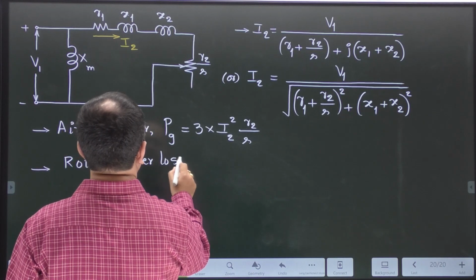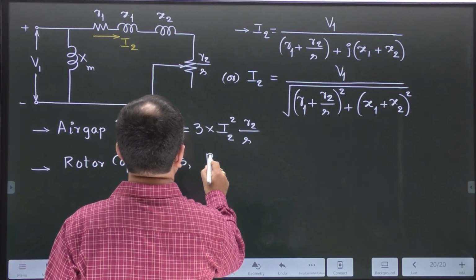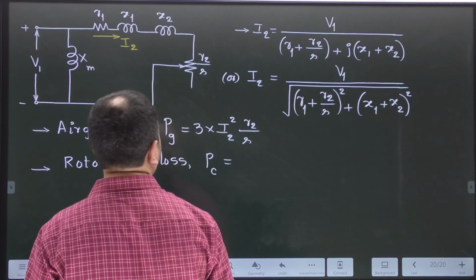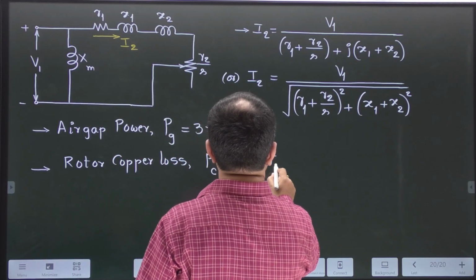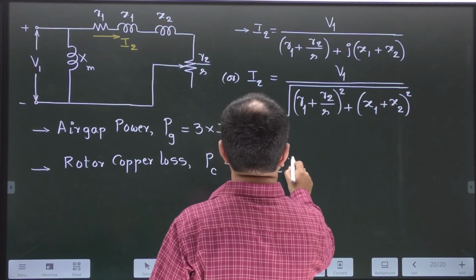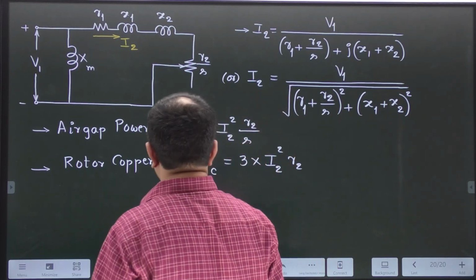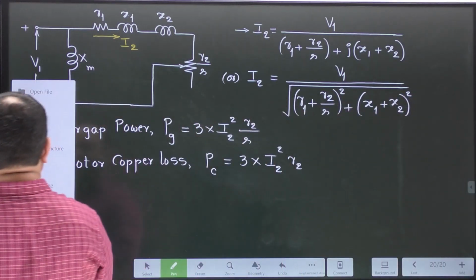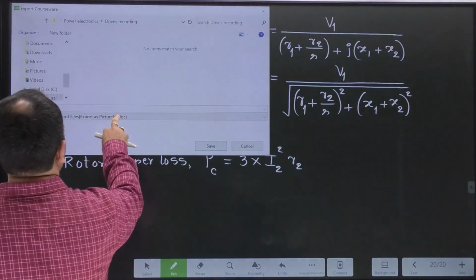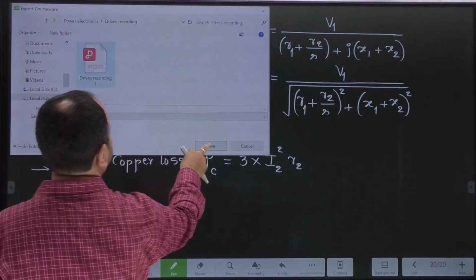Rotor copper loss PC is equal to 3 multiplied with I2 square into R2.